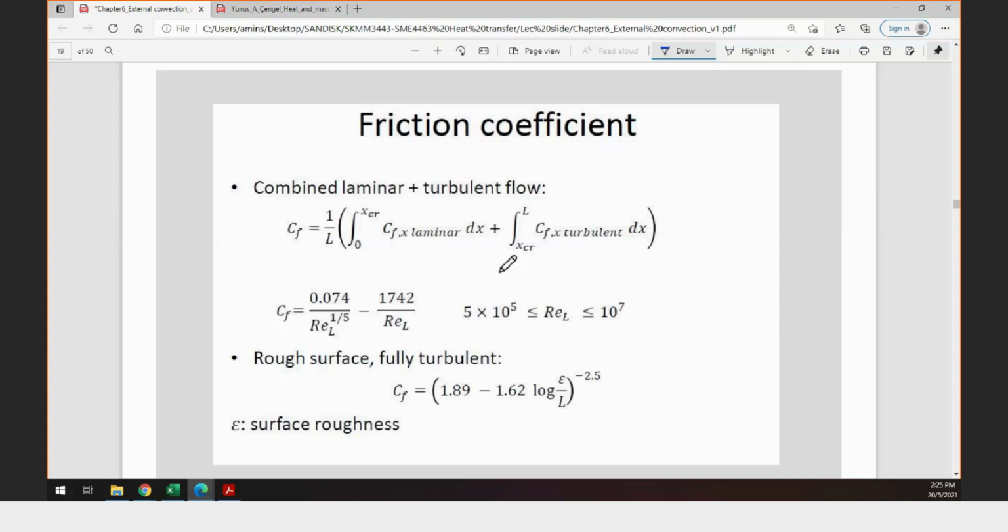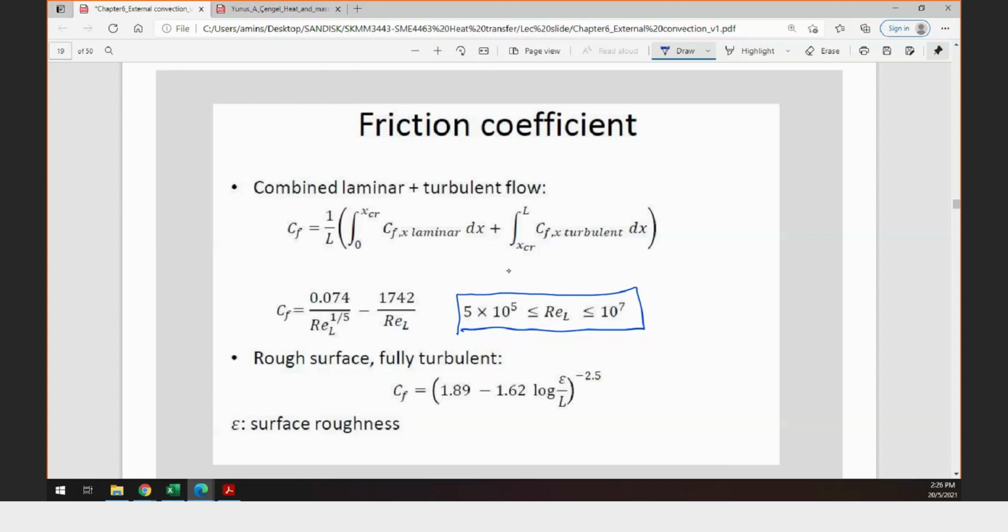Okay, this is for the case of laminar and turbulent, meaning that you are considering a transition condition. Not always, because normally it only happens within a specific Reynolds number range. So if you calculate your Reynolds number within this range, you should use this equation.